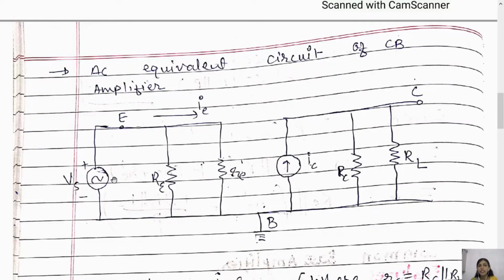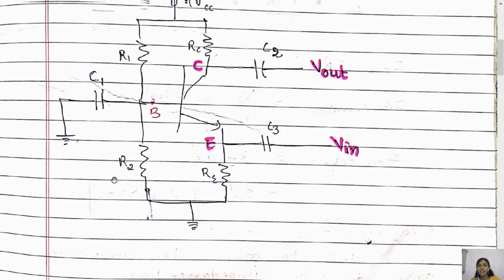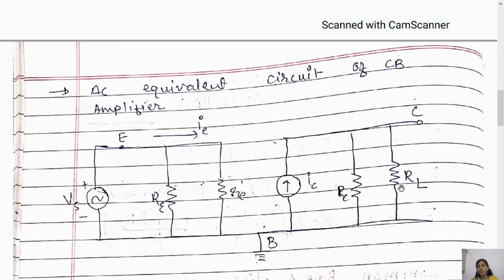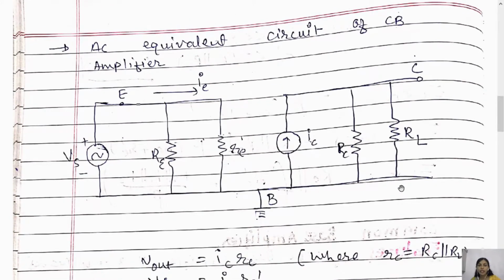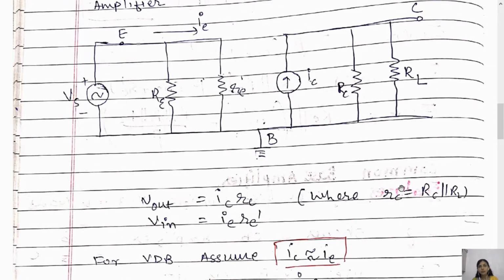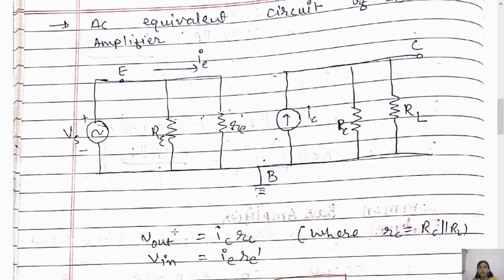In the input port, the input considerations and assumptions of the DC circuit are taken, and on the right-hand side the output assumptions are drawn. After the CB amplifier AC model, we have to analyze this circuit. Let's analyze the V out and V in formulas. As per Ohm's law, V is equal to I into R. For the output voltage, we write the output current into the output resistance.